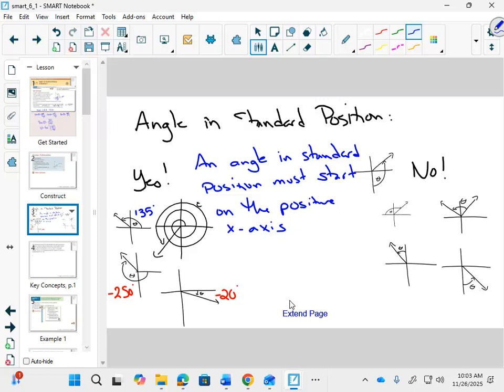All the way around is 360, all the way around again is 720. 720 plus 180, 900. Maybe this one would be 960 degrees. You can keep going around and around and around. Once around would be 360 degrees, and you could go around more often. Okay? You can circle question number 3 for angles in standard position.